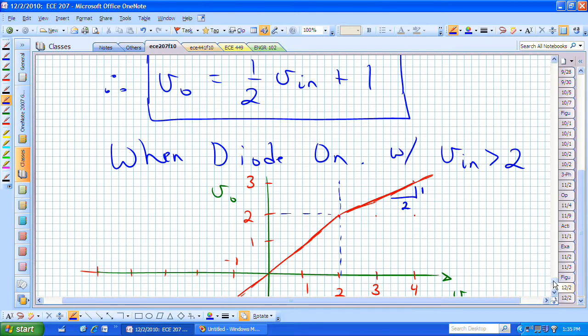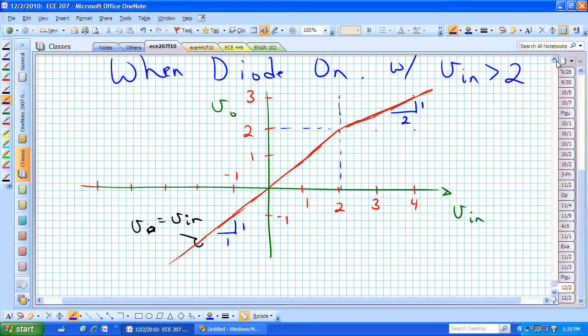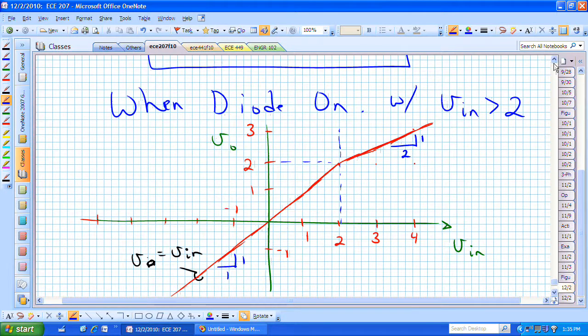And that's really the transfer function relationship that we're wanting in this particular problem. We're trying to determine in this circuit how our output voltage behaves, or how it shapes the input voltage. It's going to be an exact copy of the input voltage up until we get an input voltage of 2.